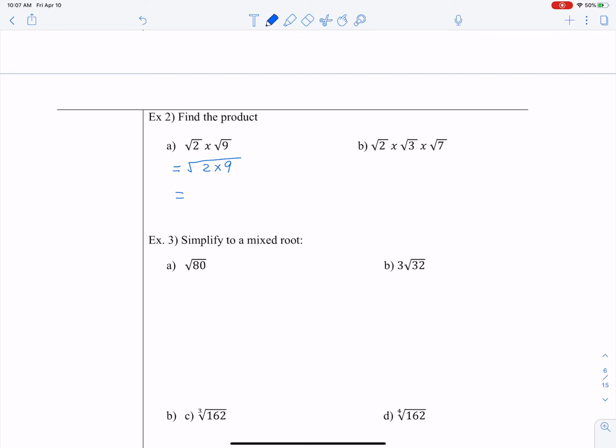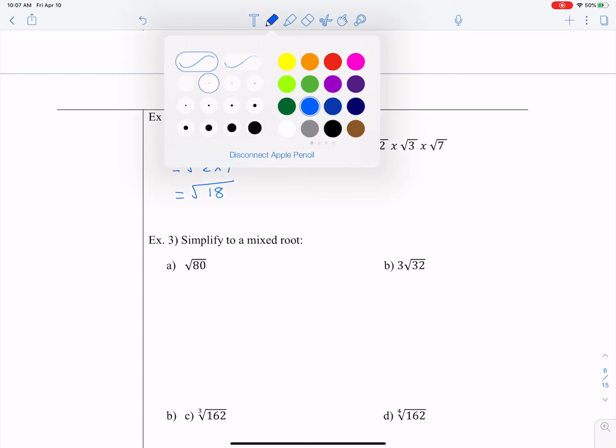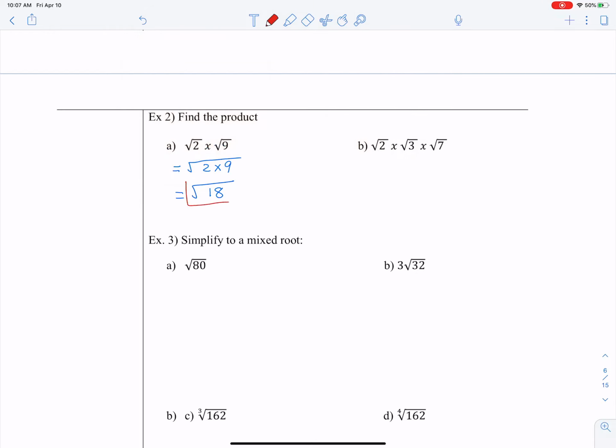And then we multiply them together. Here, I rewrote my two numbers under one big radical sign, and then I multiplied them together. 2 times 9 gives me 18, so root 18 is our final answer for this one.